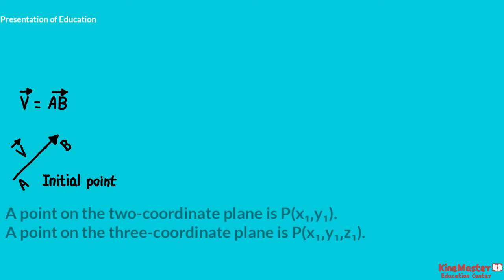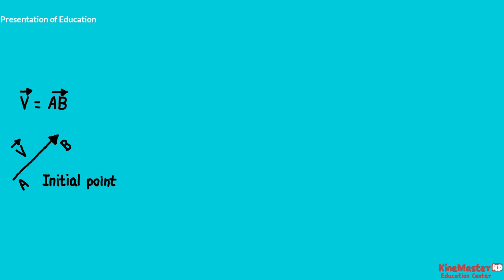When we state the vector from a to b, there is an initial point, a point on the two-coordinate plane, P(x1, y1), and on the three-coordinate plane, x1, y1, and z1. We can simplify like that.